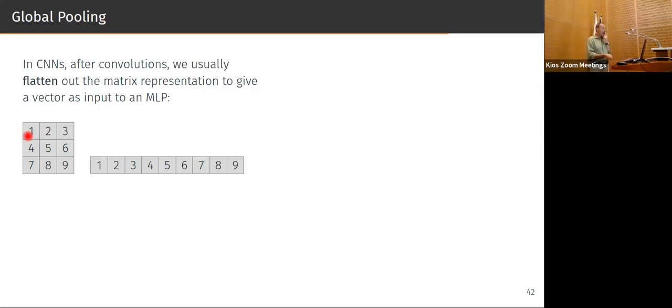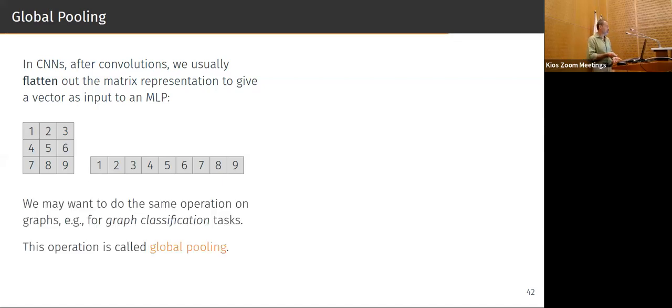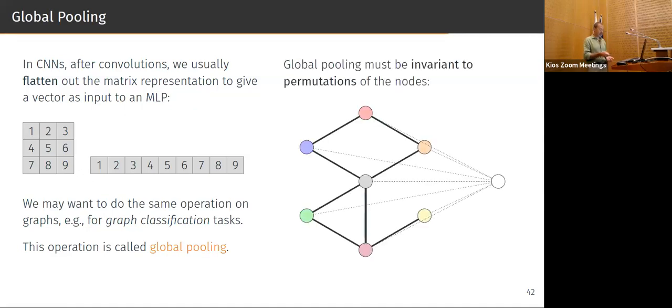If we look at only one of these tiny matrices, you slice it by lines and put it in a huge vector. This is called the global. This vector is going to be fed into the multi-layer perceptron, which depends on your task.